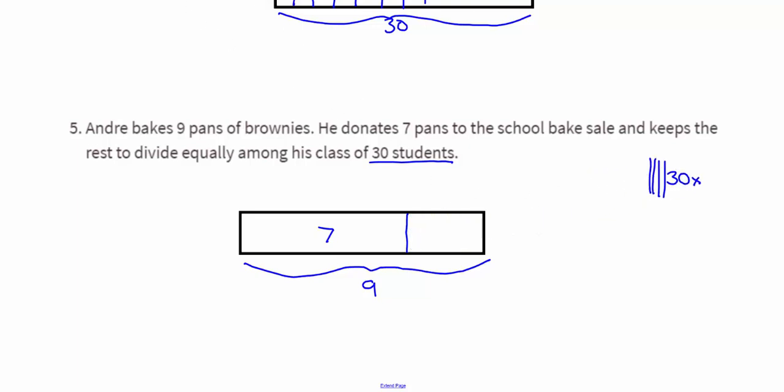But I'm not going to do that. I'm just going to leave it 30x. And this is the remaining 2 pans. So we have a total of 9 pans, 7 pans he donates, and these 2 pans he splits 30 times.